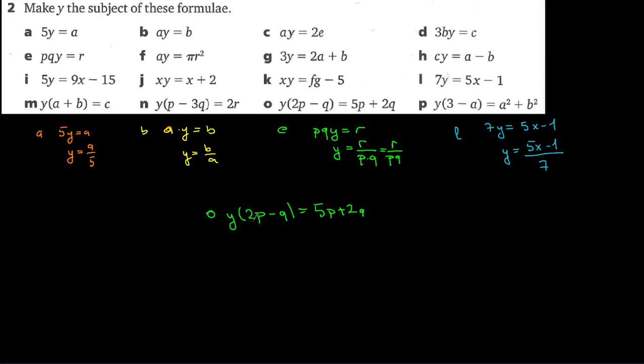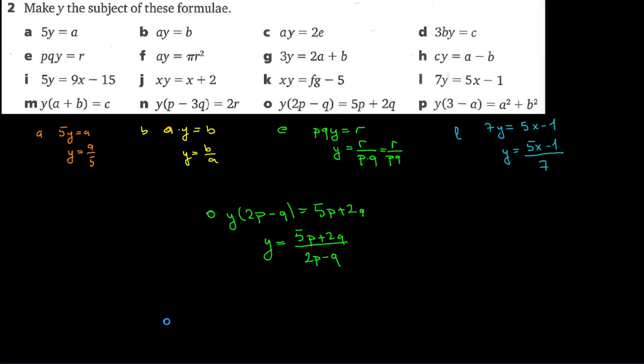If you want to send the 2p minus q to the other side, since it is in parentheses, y should be equal to 5p plus 2q divided by 2p minus q, like in this exercise, because what is multiplied by y, I sent to the other side. Here the thing that multiplied by y was 2p minus q, and it was in parentheses. So I completely carry it to the other side as division here.